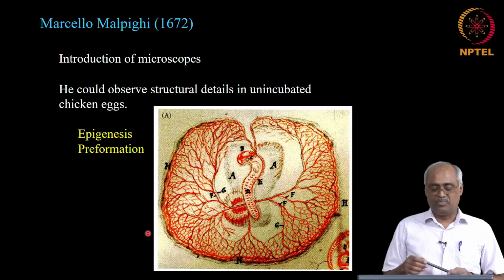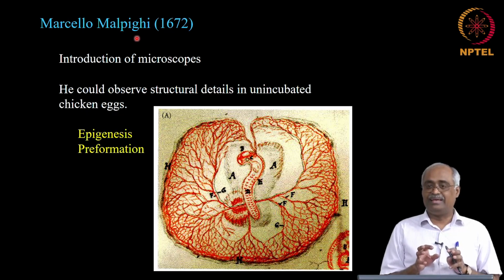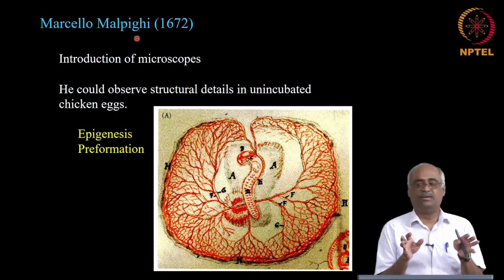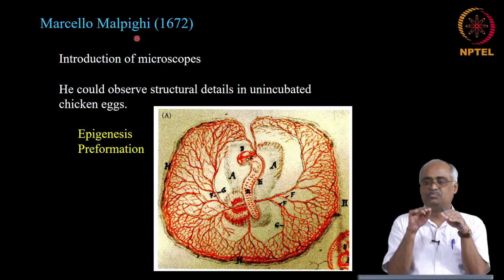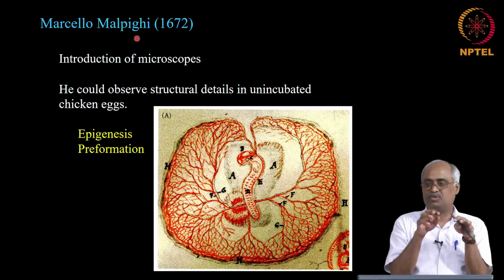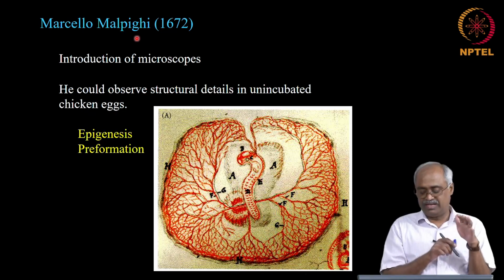So when the microscopes were introduced, Marcello Malpighi could see details. He could open the chick egg, break open the eggshell and observe it. This is big enough that you can do without a microscope, and once he got the microscope he could make detailed observations and drew them.